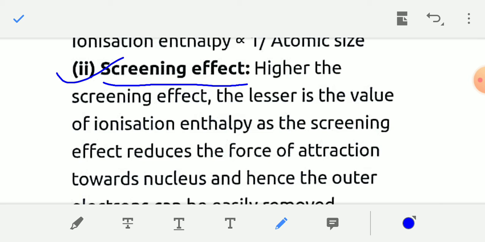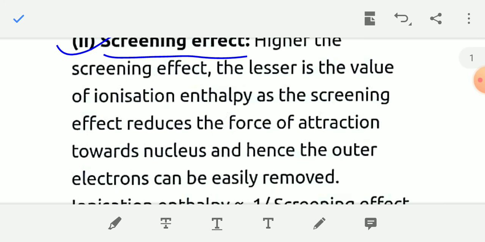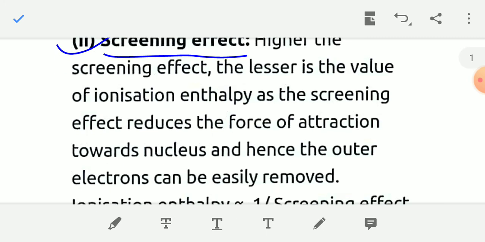Higher the screening effect of inner filled orbitals, the lesser is the value of ionization enthalpy, as the screening effect reduces the force of attraction towards the nucleus, and hence the outer electron can be easily removed.